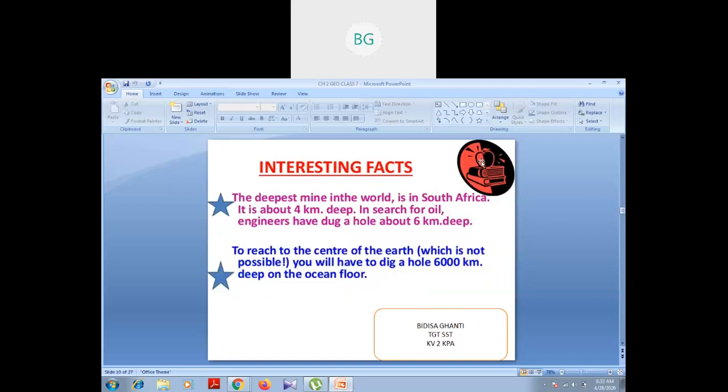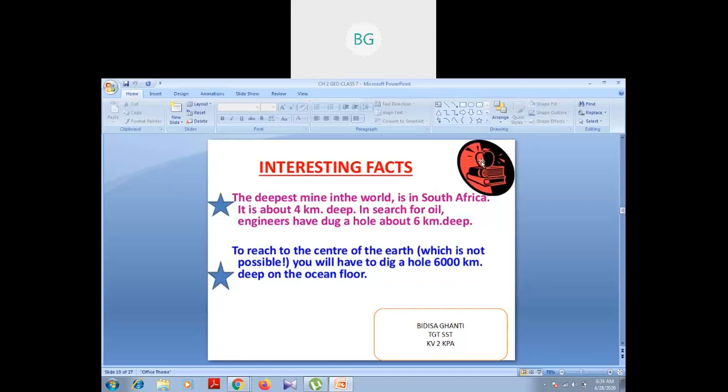Some interesting facts about our world: the deepest mine in the world is situated in South Africa, which is about 4 kilometers deep. And till now, our engineers have dug a hole about 6 kilometers deep.